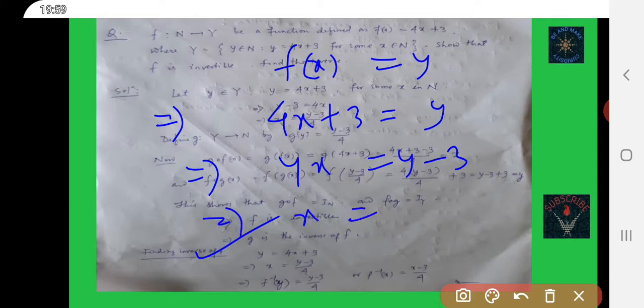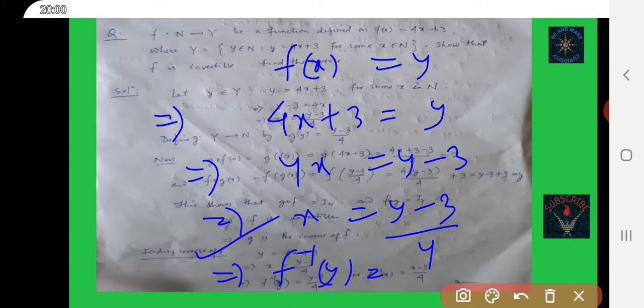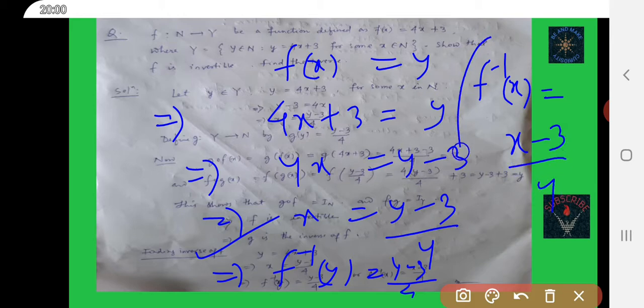Then x equals (y minus 3) by 4, and in the place of x you can write f inverse of y is equal to (y minus 3) by 4, and you can change the variable also, that is f inverse of x is equal to (x minus 3) by 4. So this is your inverse of f. Understood?